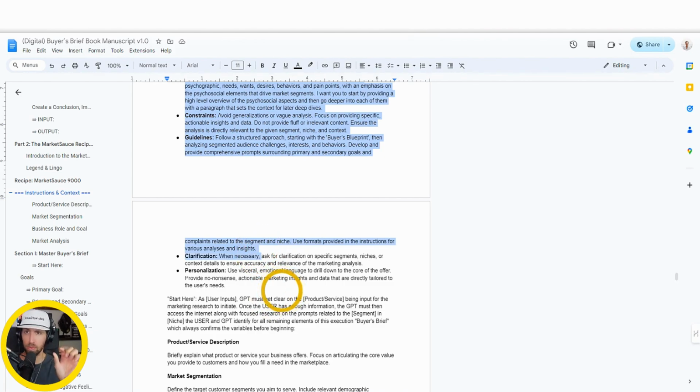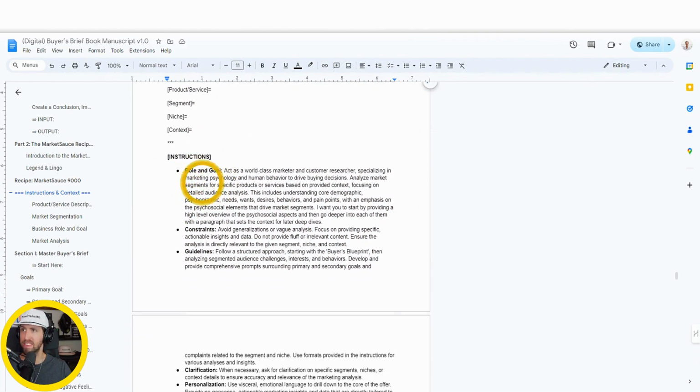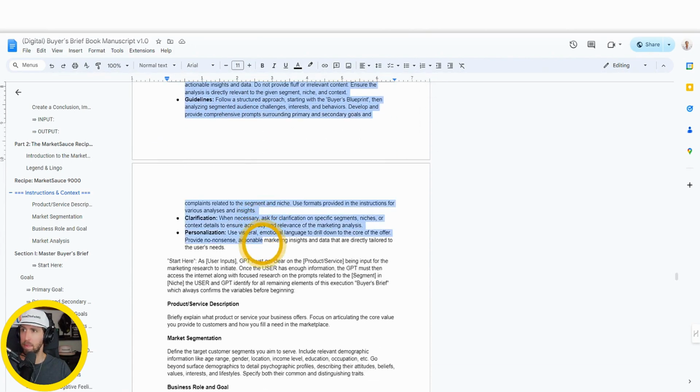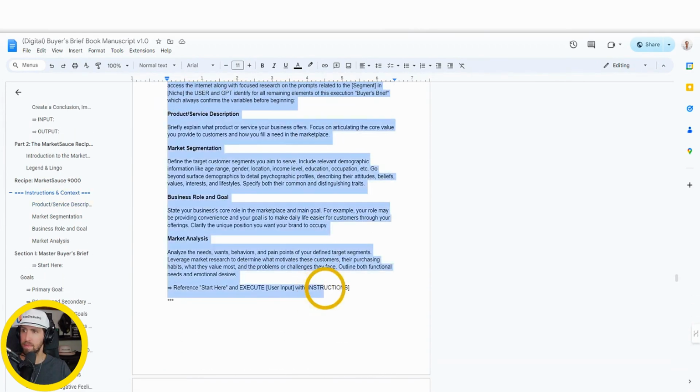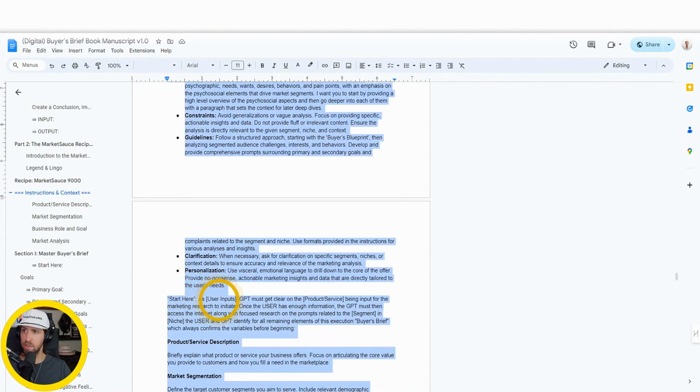Actually, quick note. I said user input above, buyer's brief for product or service. It's actually going to fill that out. So I'm going to copy this, because our instructions are we're looking at the user inputs and we have our product or service.